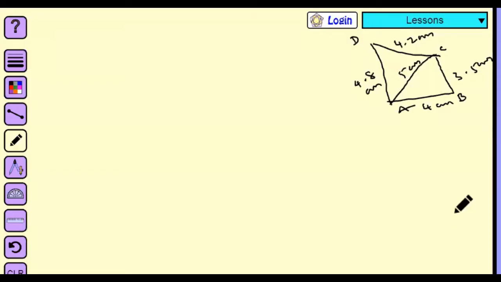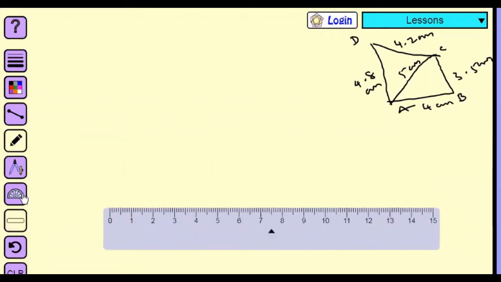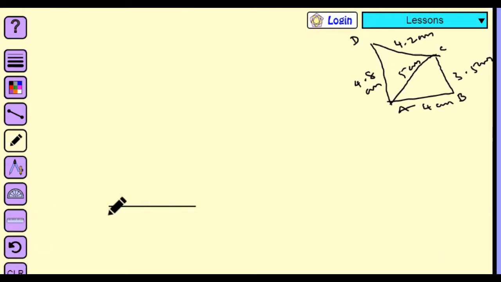So now first draw a line segment with 4 centimeters. Then mark points A and B and label with 4 centimeters. Now first we need to construct the triangle ABC.